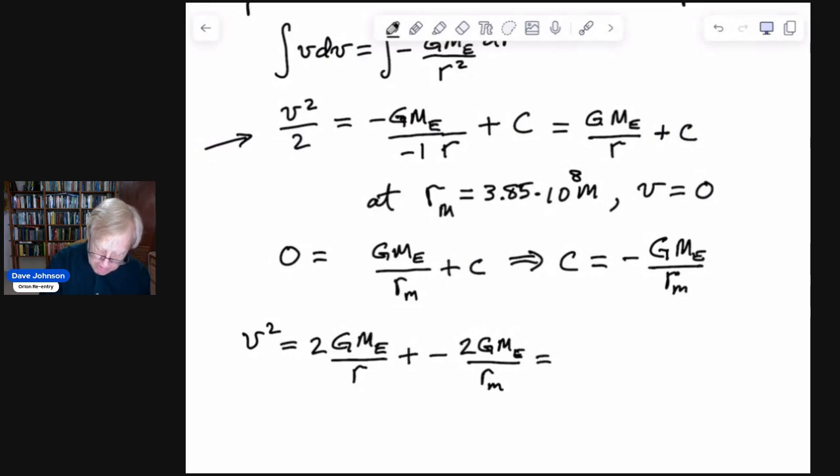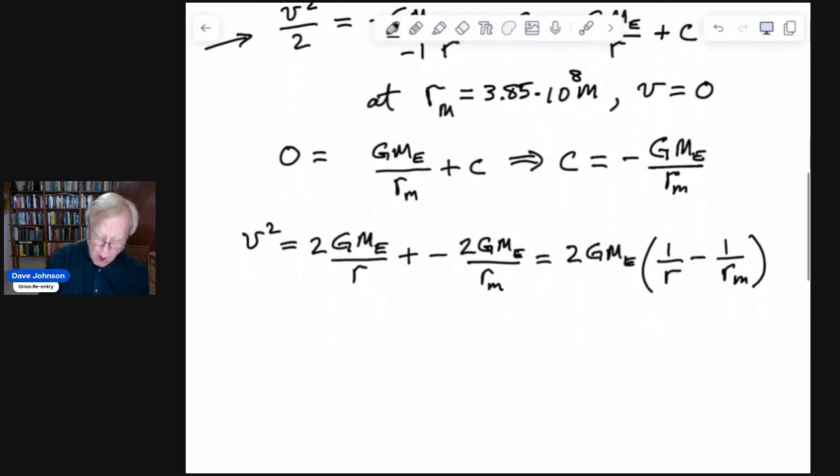And so we get 2GM sub e times the quantity 1 over r minus 1 over r sub m.